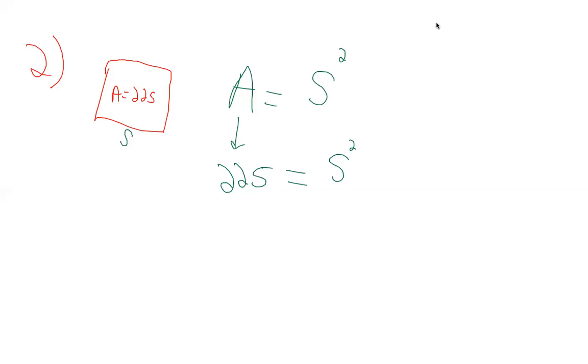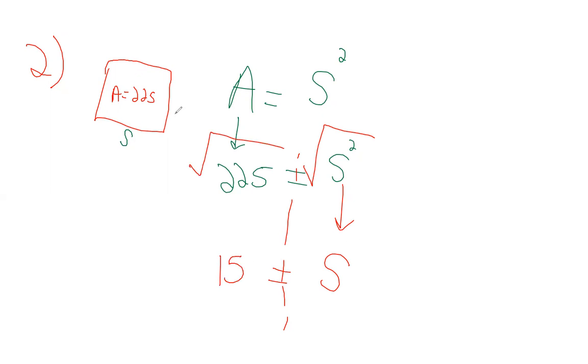And all I have to do is algebra. I want to know what one side is, so I have to do the opposite of squaring to get S. So I take the square root. That's the opposite. If I do it to one side, I have to do it to the other. And the square root of 225 is equal to 15.